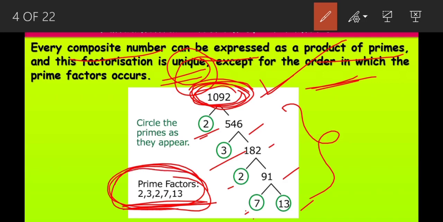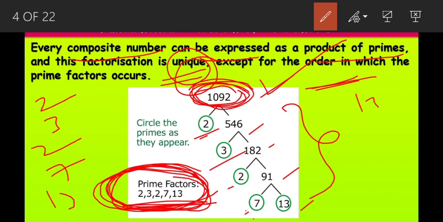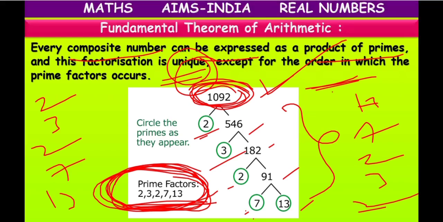The elements in the product of prime factors are unique, but we may change the order. We can write 2, 3, 2, 7, 13, or we can write 13, 7, 2, 3, 2. In writing the product we may change the order, but the elements do not change. This is called the fundamental theorem of arithmetic. Children, please try to understand the theorem.